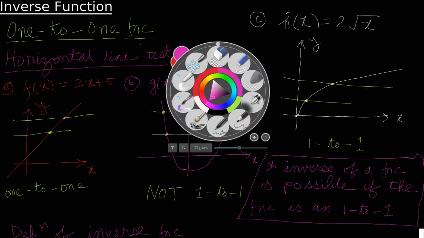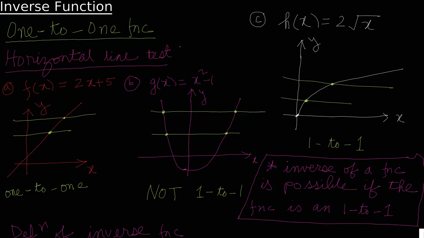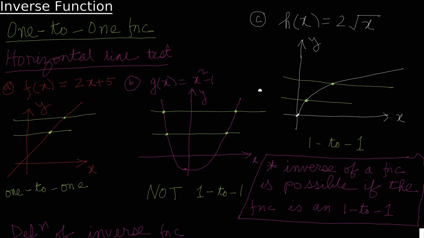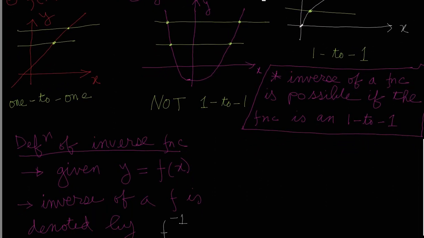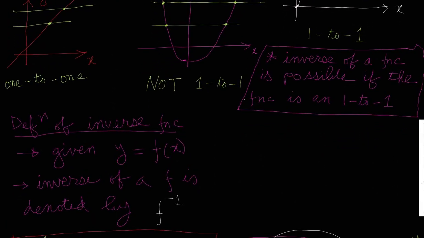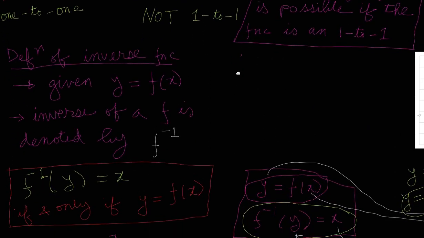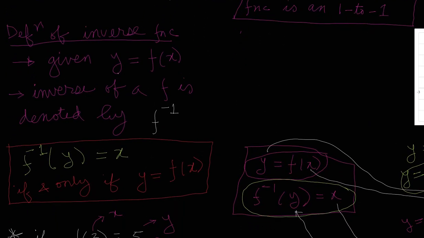Hello, so this will be the last video for inverse function. Just to recap what we learned in our previous two videos, we learned the definition of inverse function. First of all, we learned what a one-to-one function is, and then we learned the definition of inverse function, where given y equals f of x, then f inverse of y equals x.